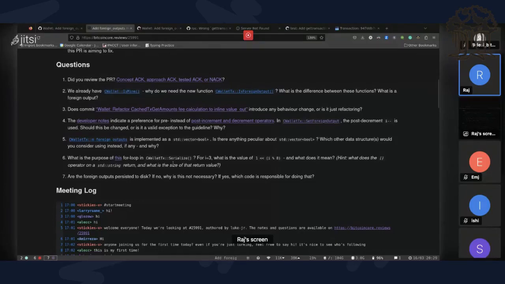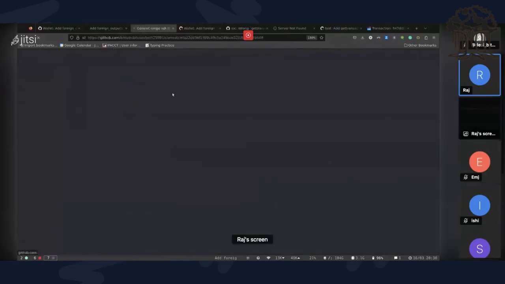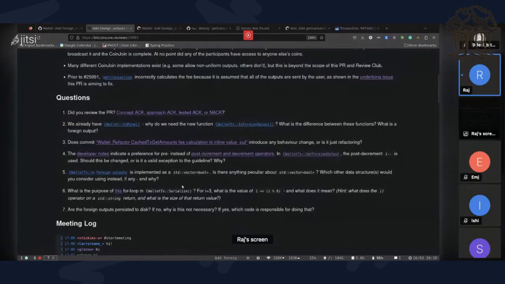There was a change that could have been a behavior change, and it had to do with the checking of the amount. There was a check of the amount that got removed, and the question was whether that check is done elsewhere. If it's not, then that's a behavior change. If it is already covered elsewhere, then it's not.